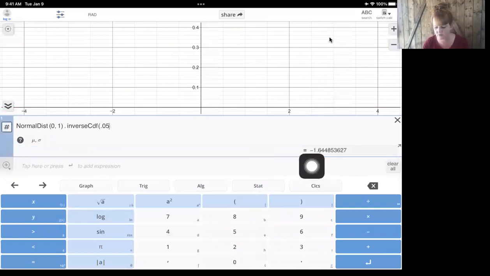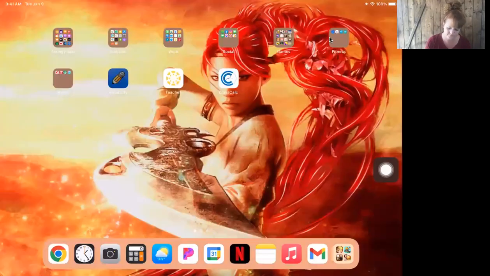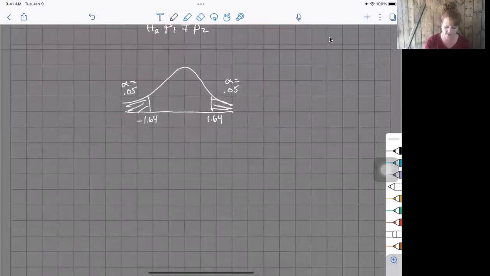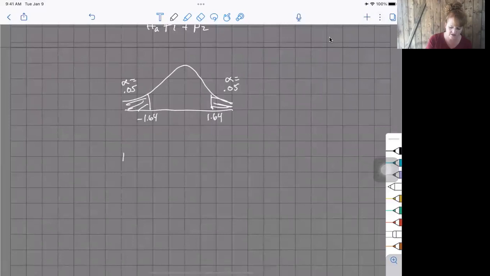So I get a z-score of negative 1.64. And because this is symmetric, this is 1.64 as well. So that's our setup. Our rejection region is going to be any p hat value that is less than negative 1.64, or a p hat that is bigger than 1.64.